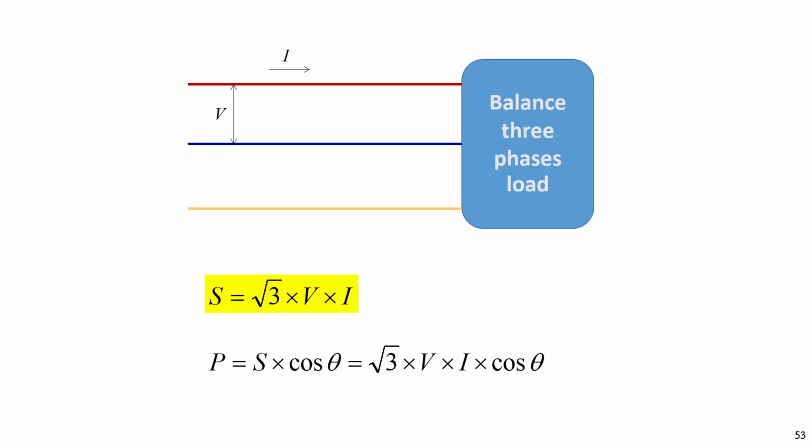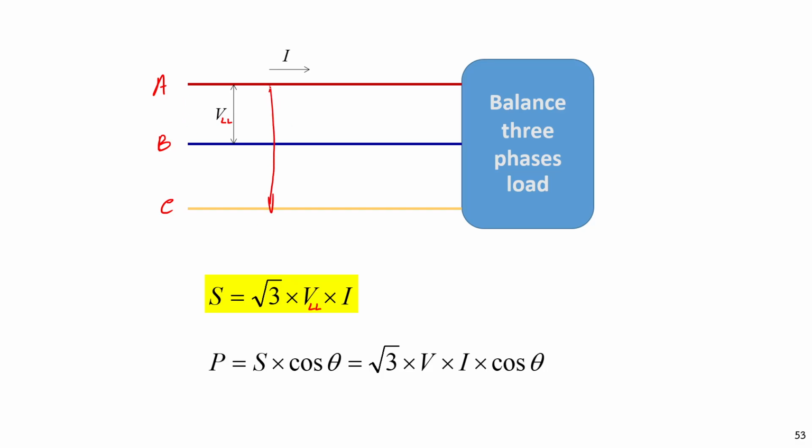Okay, and if the system is balanced, it means we use the same power in phase A, phase B, and phase C. If the system is balanced, the total apparent power can be calculated by square root 3 times V times I, and V means V line to line. This means the voltage between lines is equal.